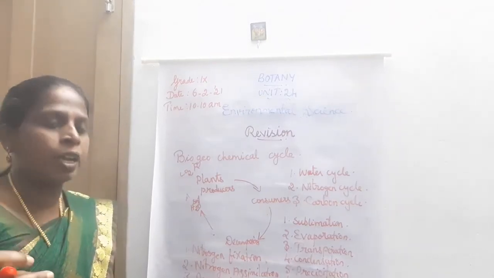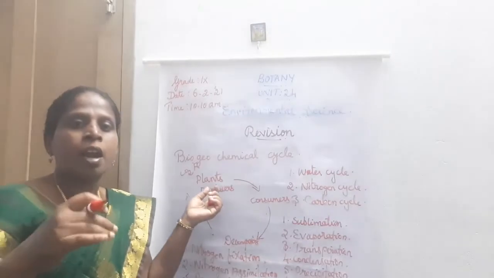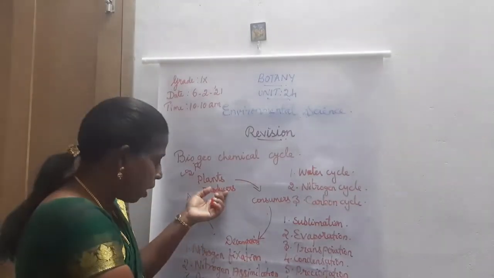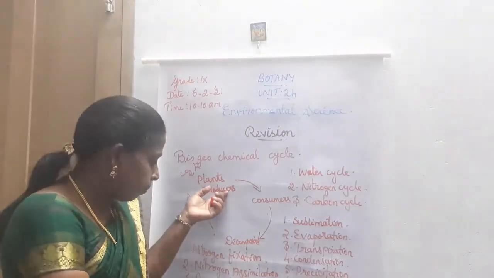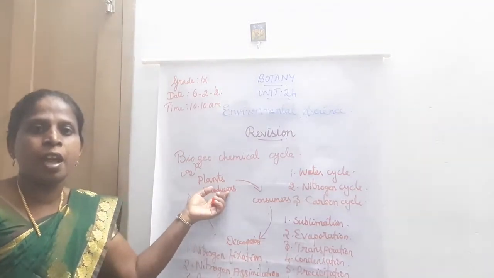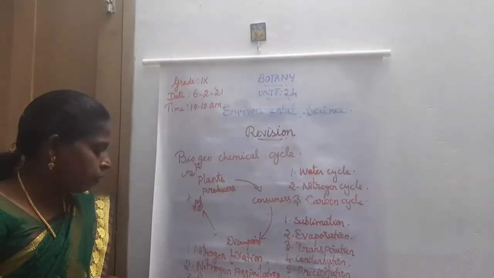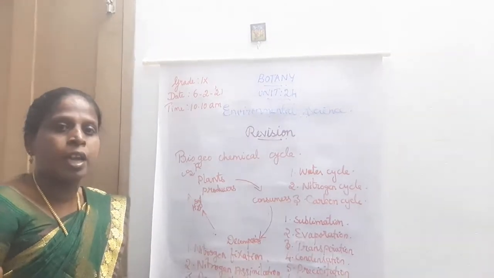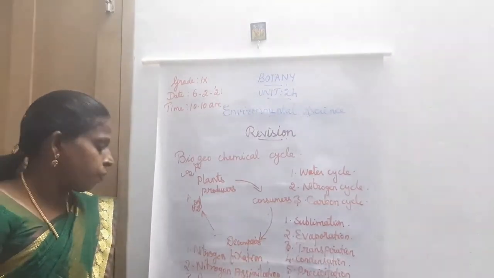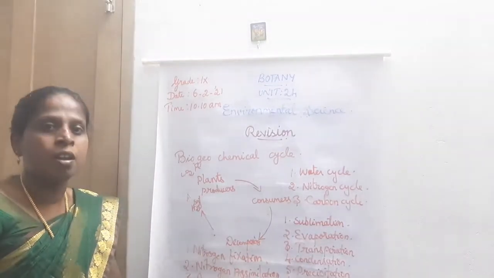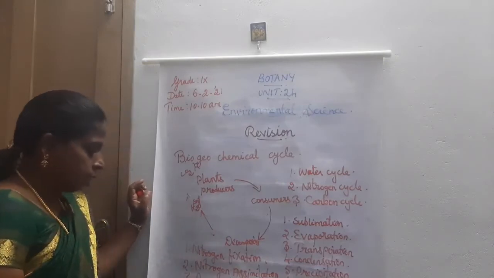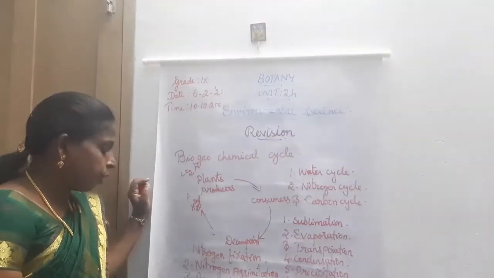This uric acid or urea is converted into ammonia by microorganisms, that is bacteria and fungi. So the formation of ammonia is called ammonification.